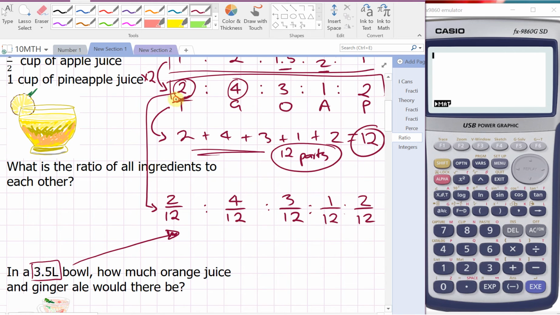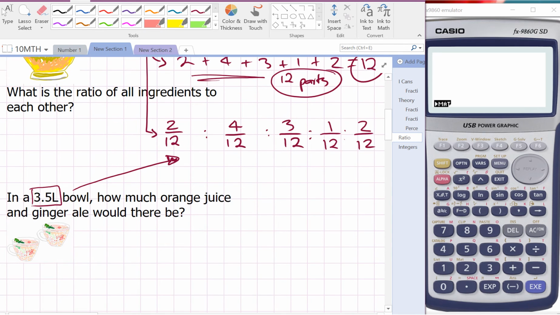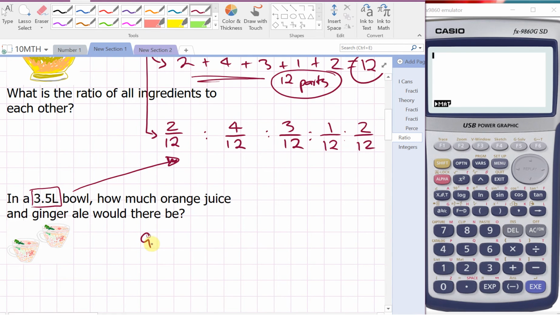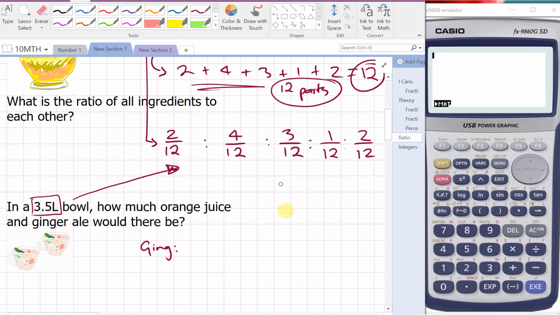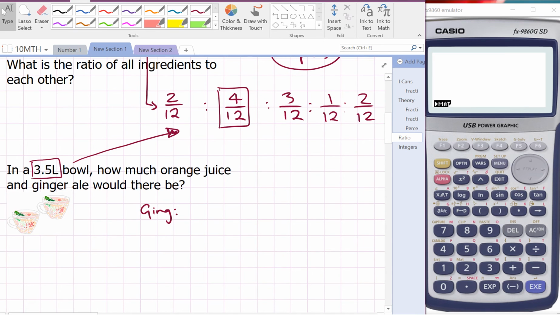Okay, so the ratio is up here. We obtain the fractions from using that ratio. So for ginger ale, we need 4/12. Okay, so 4/12 will be ginger ale, and we take that 4/12 and we're finding 4/12 of 3.5 litres. Now, of in maths means times, so if we convert the of to a times, 4/12 times 3.5 litres.